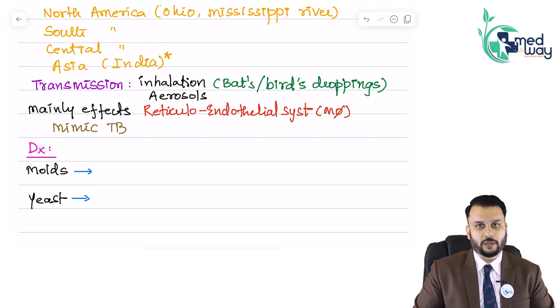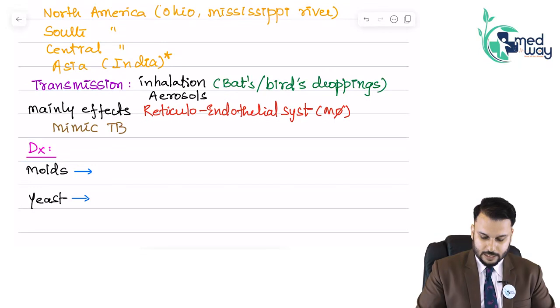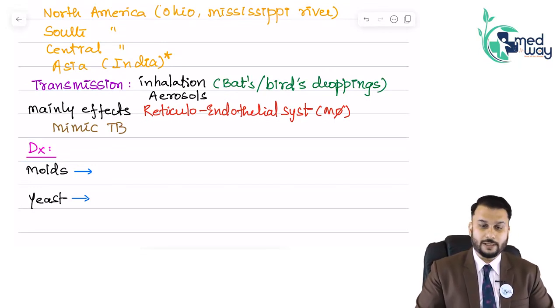So this organism primarily likes to affect the macrophages. Next, as it's a dimorphic fungus, you got to know how it looks as a mold and how it looks as a yeast. These are the things you got to remember for sure.